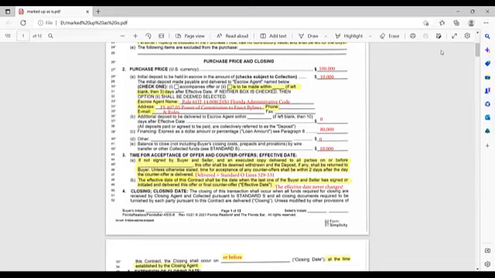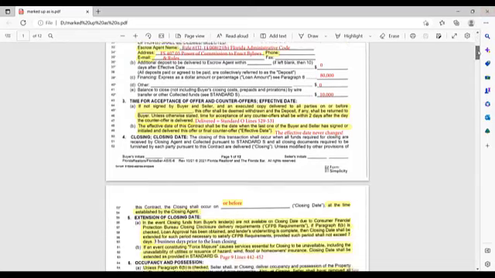Item 3B, the effective date of the contract shall be the date when the last one of the buyer and seller has signed or initialed and delivered this offer or final counteroffer. The effective date never changes. For example, if this contract hits your inbox in your email on Tuesday at 11:58 p.m., that is the effective date.